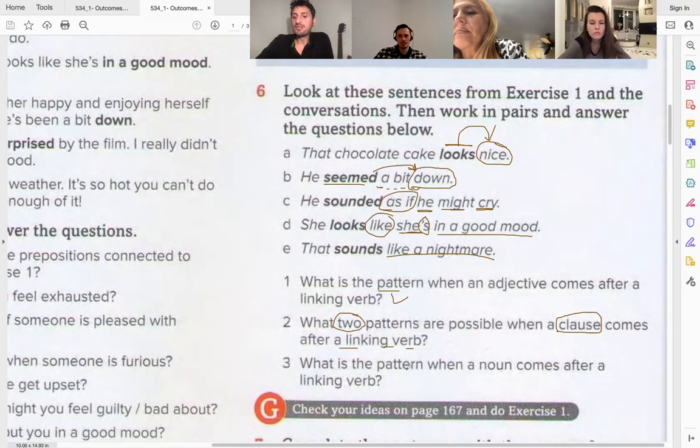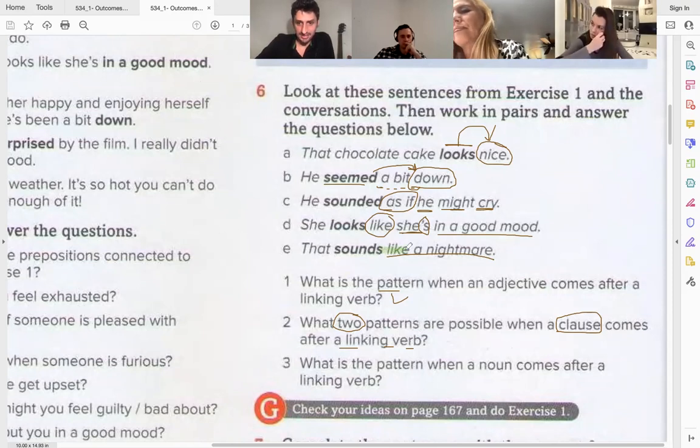And then what is the pattern when a noun comes after the linking verb? A thing, or an object, or an idea. The last one. Okay, so you put like.